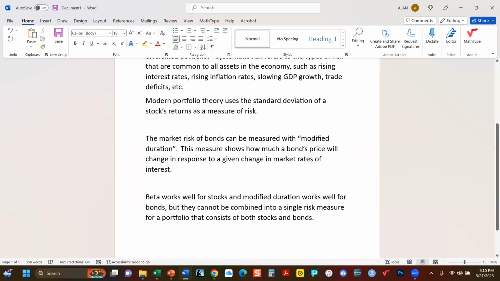In other words, if you had a portfolio with both stocks and bonds in it, you can't really combine the two measures to come up with a single number that tells us how risky the entire portfolio is.